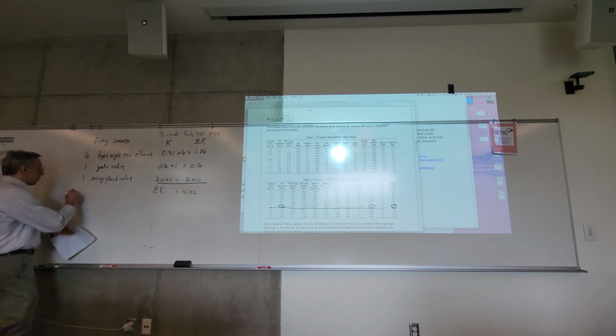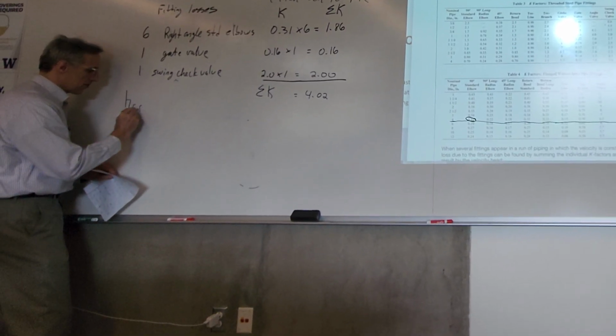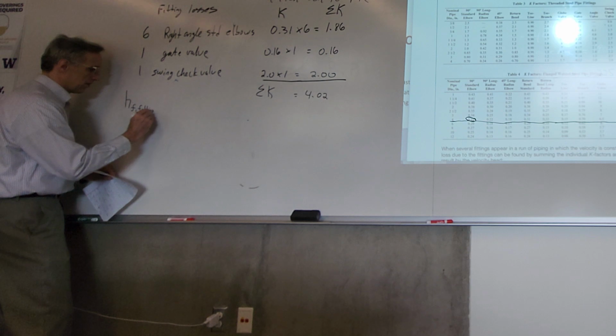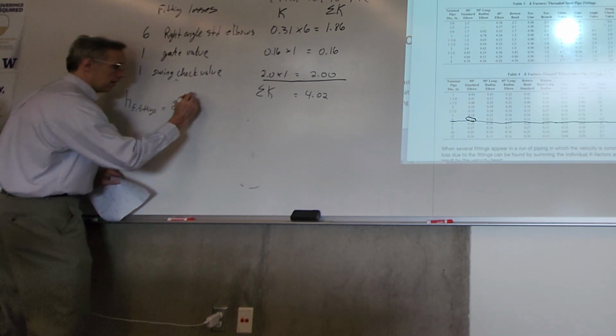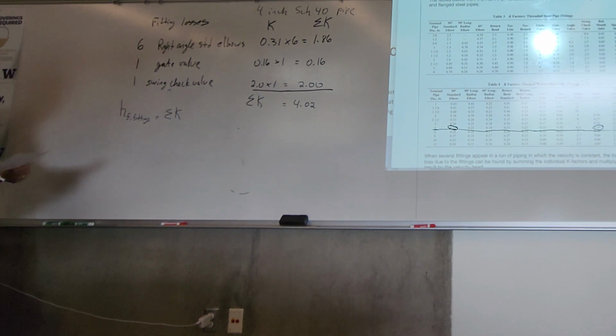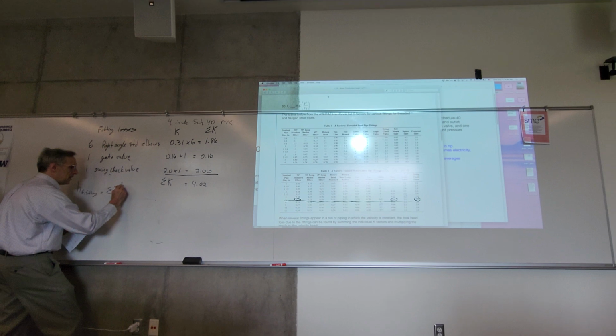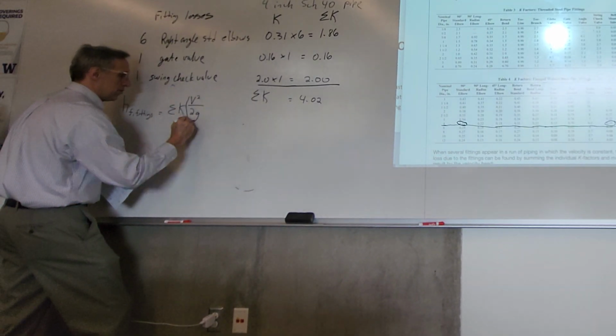The loss due to the fittings, this is the friction head loss from the fittings, is the sum of the K times the velocity head, which is v squared over 2g.